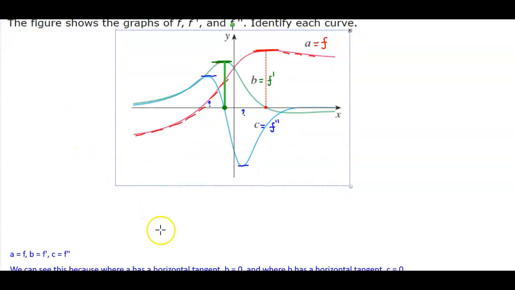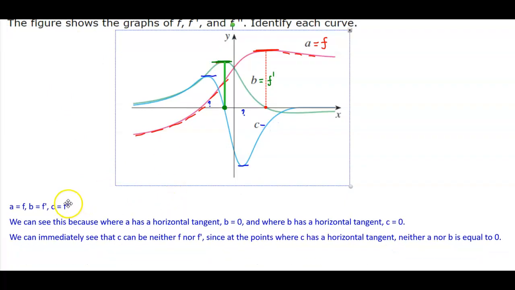So we can say it as follows. We would say that A represents the function f, B represents f prime, which is the first derivative, and C represents f double prime, which is the second derivative.